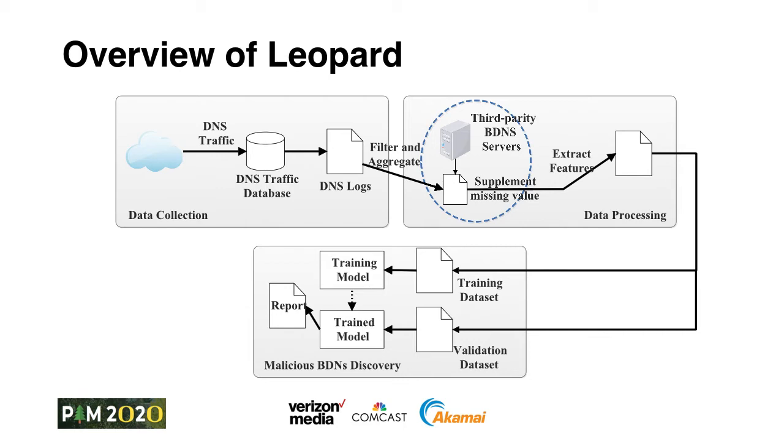The system collected DNS traffic from an ISP and transformed it into DNS logs. Then logs will be filtered and aggregated according to a designed format. Supplementing missing values is necessary before extracting features, followed by a standard training and testing workflow.